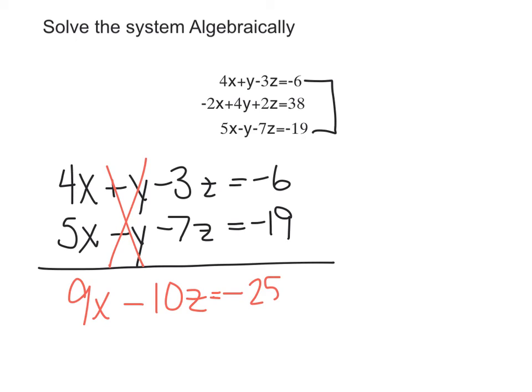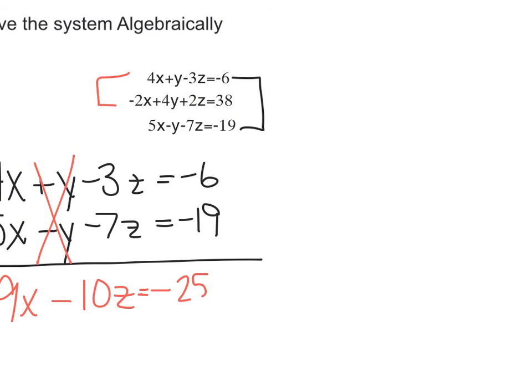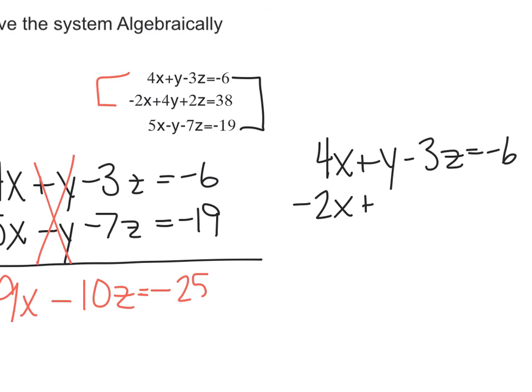Okay, now I have to pick a different set, but I still have to eliminate the y's, remember. At this point, it really doesn't matter. I think now maybe I'll just grab the first two. So I'm going to say 4x plus y minus 3z equals -6, and -2x plus 4y plus 2z equals 38.